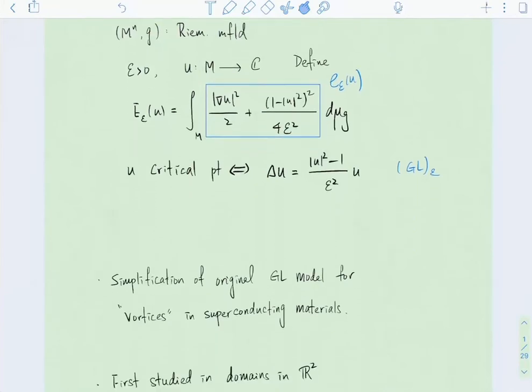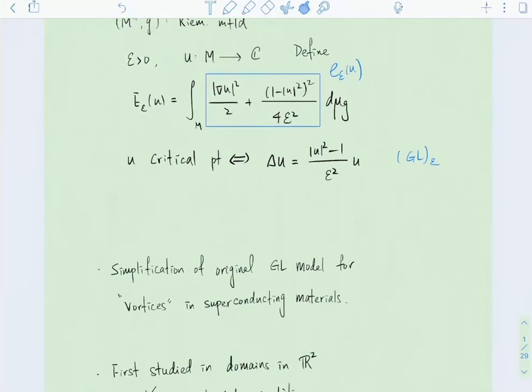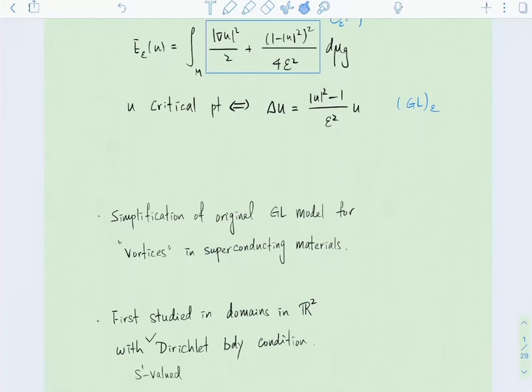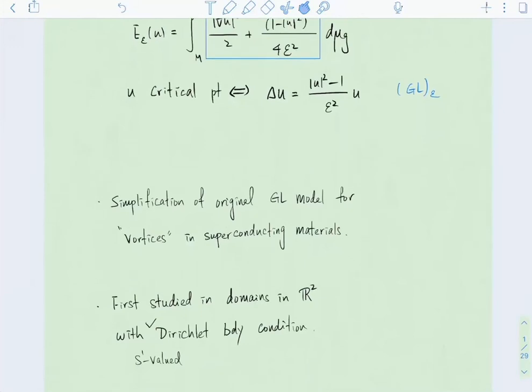Now, this Ginzburg-Landau functional is actually a simplification of the original model proposed by Ginzburg and Landau for the appearance of vortices in some superconducting materials. It was first studied in bounded domains in R^2 with S^1 valued Dirichlet boundary condition prescribed. The domain should be thought of as the cross section of some three-dimensional container for the material.